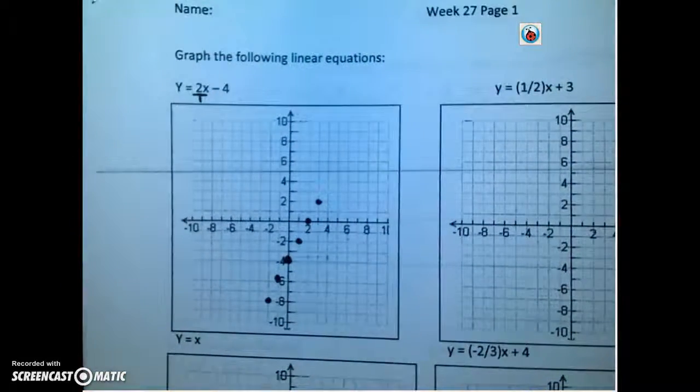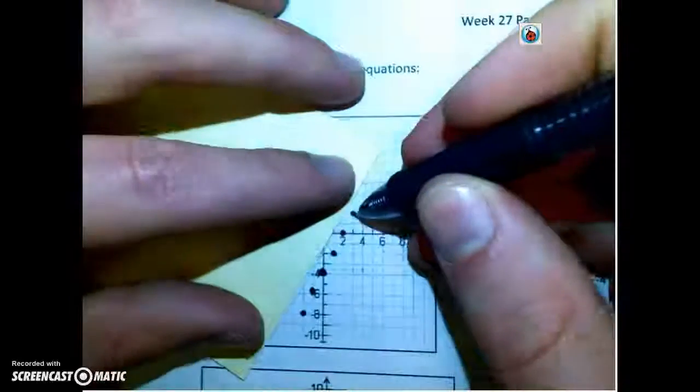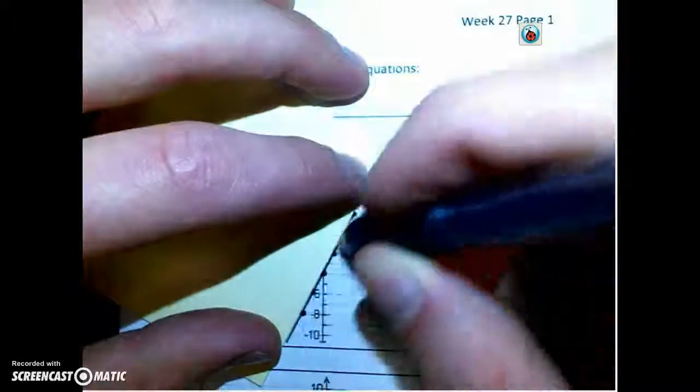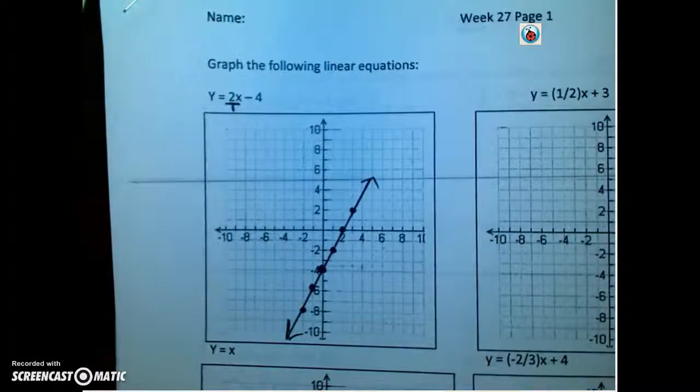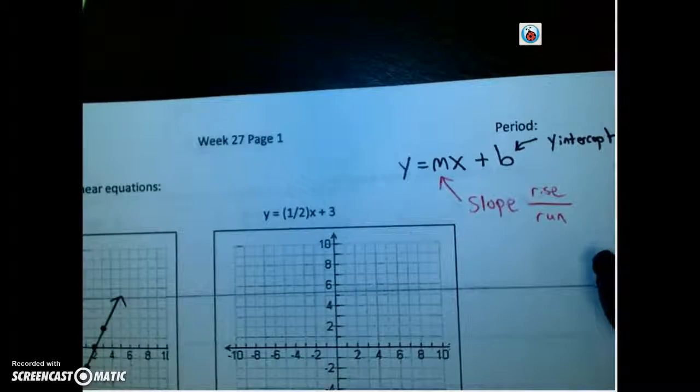All right, then you can take your straight edge and connect them. All right, good. So use this as a template. See if you can figure out some of the other ones and maybe have a little bit of a trick to them there.